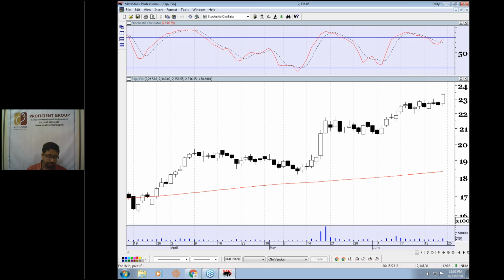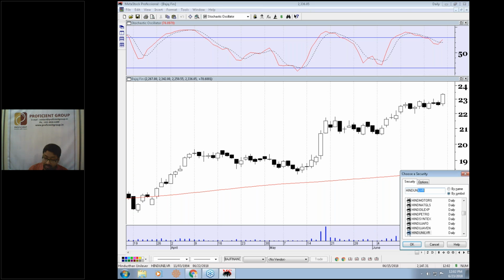Now, these were the stocks in finance sector, and let me show you another sector, which is FMCG. I've been pretty bullish in this sector for nearly 2 or 3 months now, and the stocks have also performed quite well.